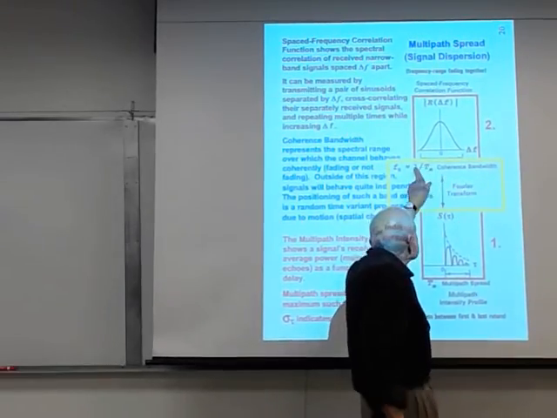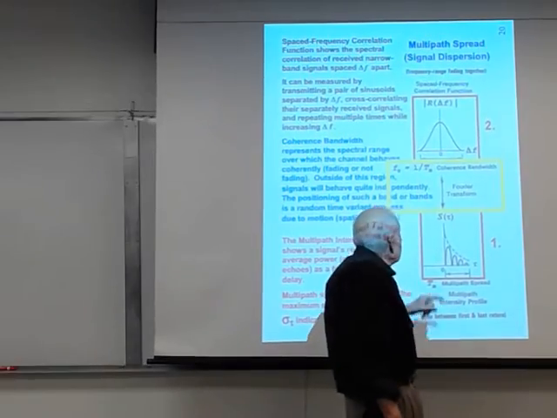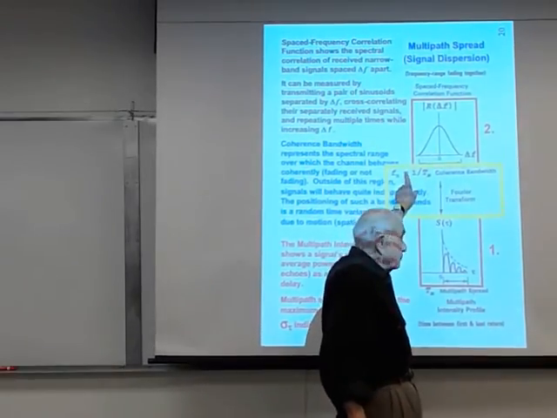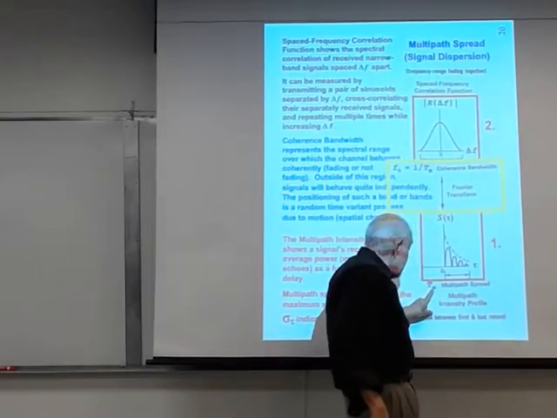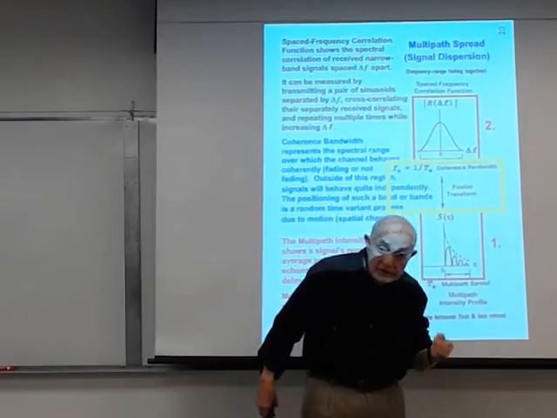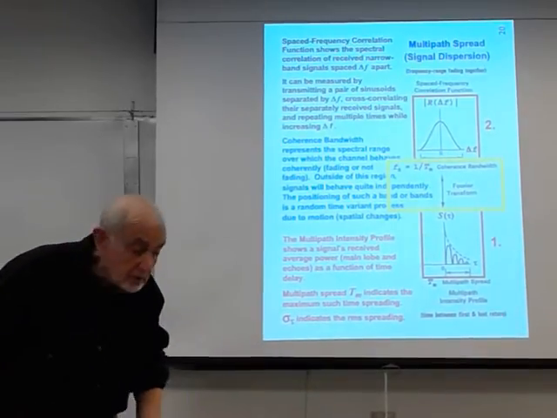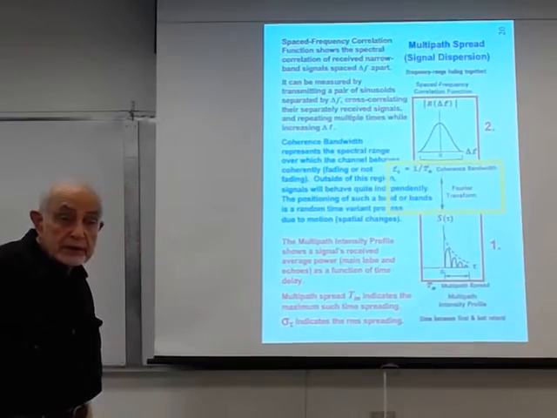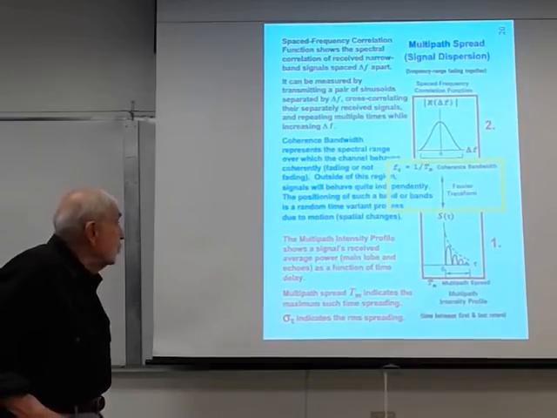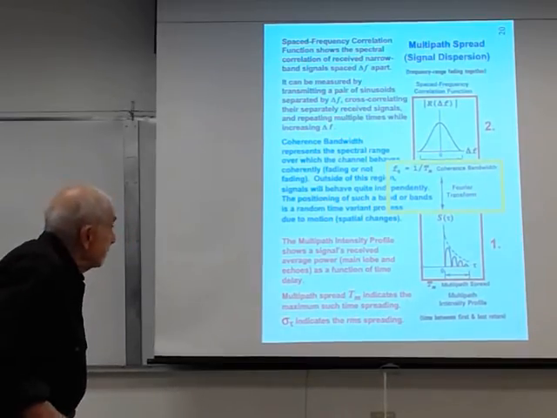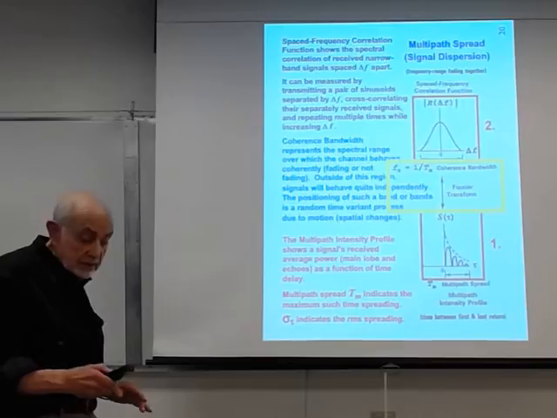That will be the difference of what F sub 0 is. And by the way, approximately F sub 0 and T sub m are the reciprocal of one another. F sub 0, within a multiplicative constant, is just 1 over T sub m. And it's only dependent upon the terrain.